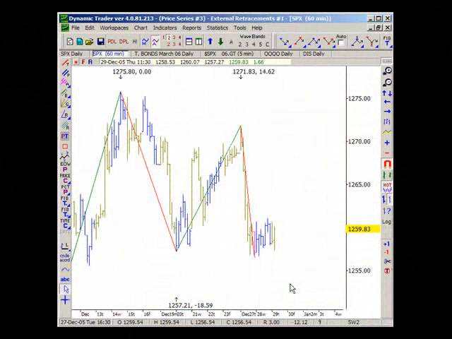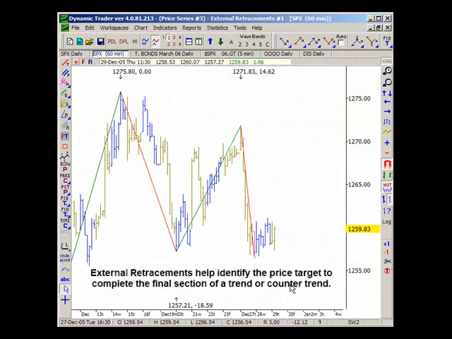So when are external retracements primarily applicable? There are certain conditions they're particularly applicable to, and those are the final swings in a trend or a counter trend. Well, what do I mean by the final swings? If we have a correction, let's say this is the S&P 60-minute data.